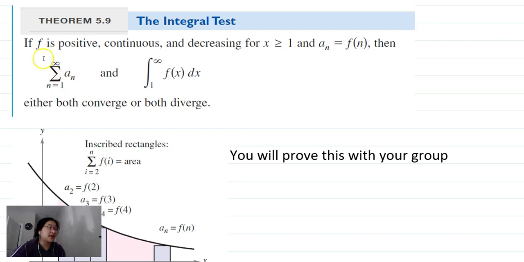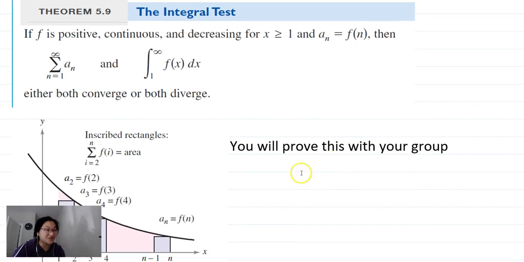Then we can tell things about our series and our improper integral. They're either both going to converge or both going to diverge, because we're either going to have a number or we're not going to have a number. So converging means that we have a number, and diverging means we don't, that our limit does not exist.